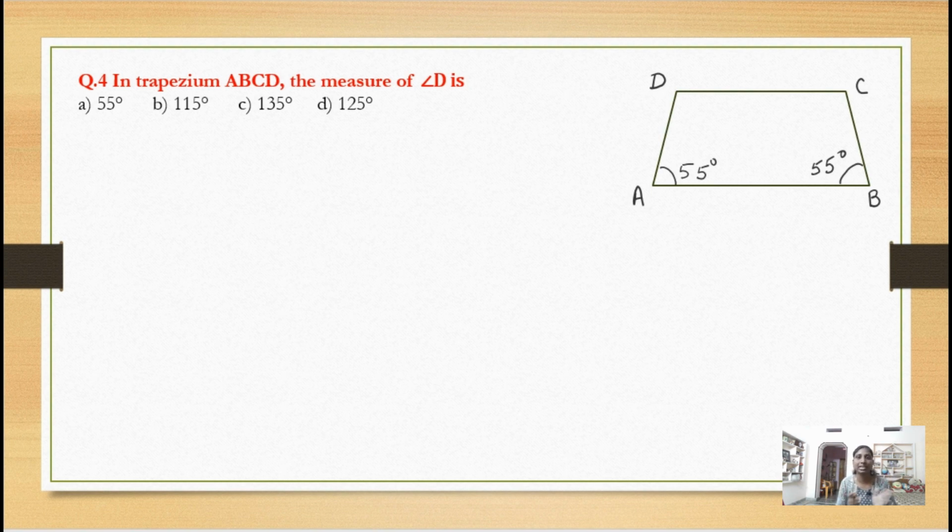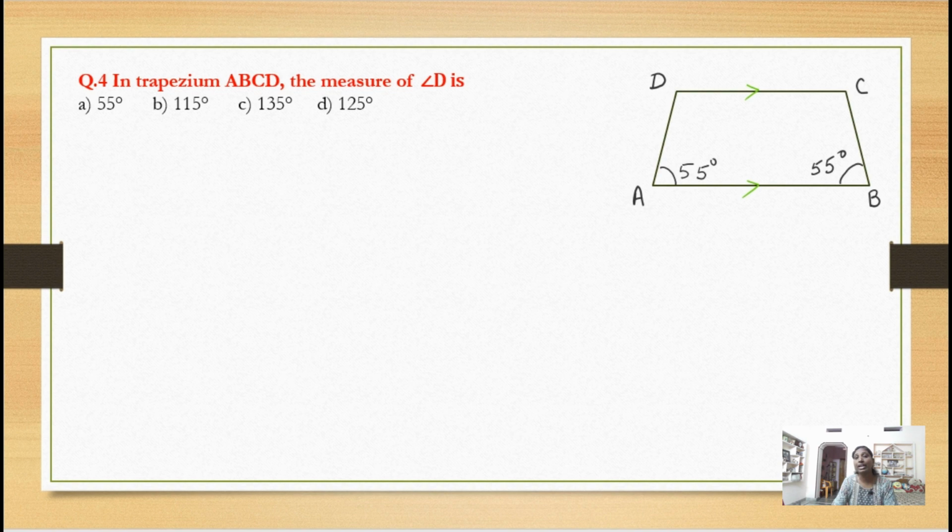In a trapezium, one pair of opposite sides is parallel. It means here DC and AB are parallel. So one pair is parallel. So it is a trapezium.